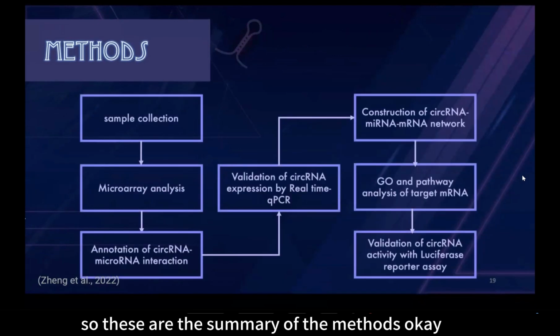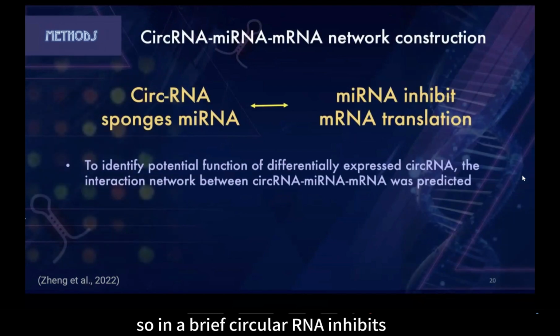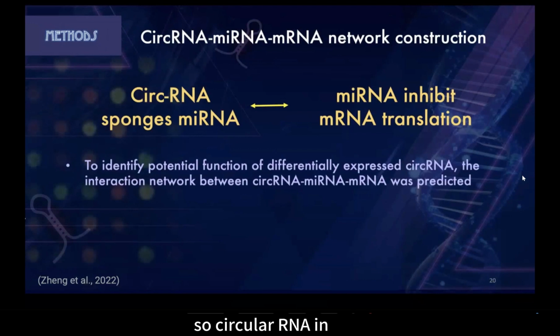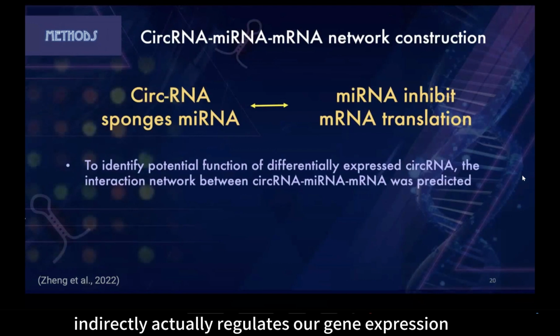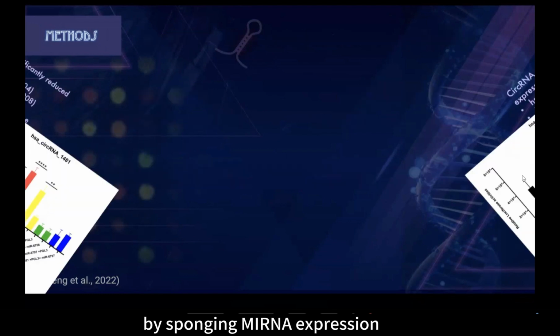So these are the summary of the methods. Okay, so in brief, circular RNA inhibits miRNA and miRNA inhibits mRNA translation. So circular RNA indirectly regulates our gene expression by sponging miRNA expression.